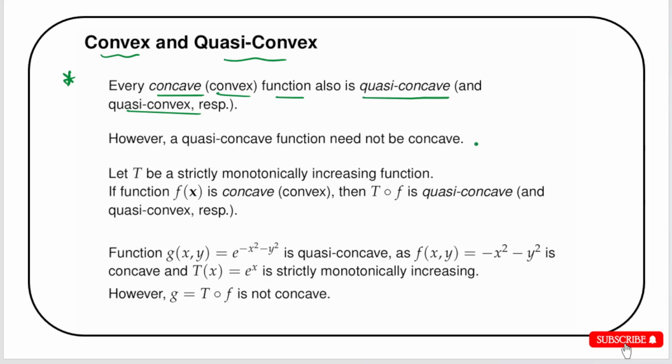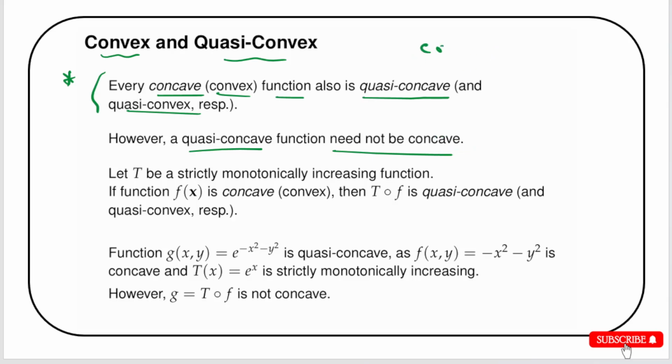Every concave function is also quasi-concave, every convex function is also quasi-convex, right? This is something you have to remember. However, a quasi-concave or quasi-convex function need not be concave or convex, right?